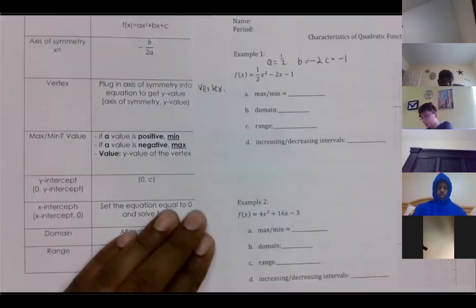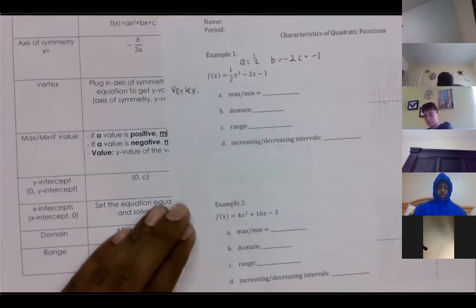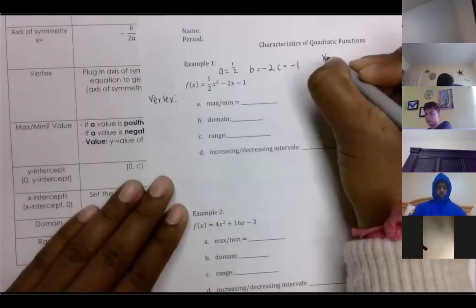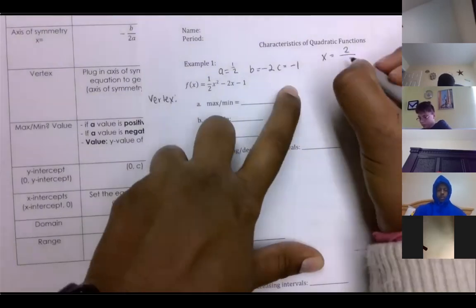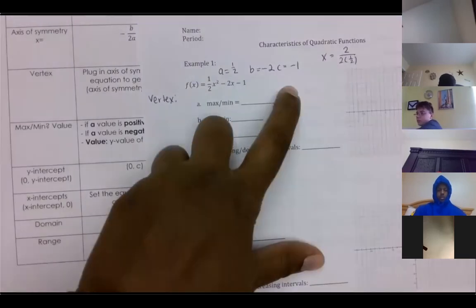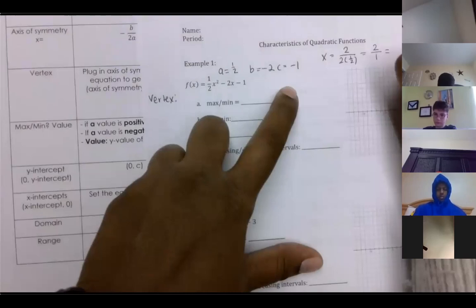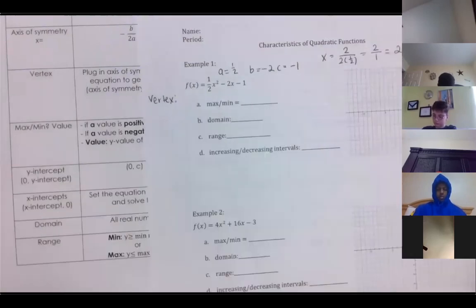Perfect. And then like Noah said, we have to use negative B over 2A to find our axis of symmetry. So B is already negative, so I need to change it to a positive 2 over 2 times 1/2. 2 times 1/2 is 1. So 2 over 1 equals 2.